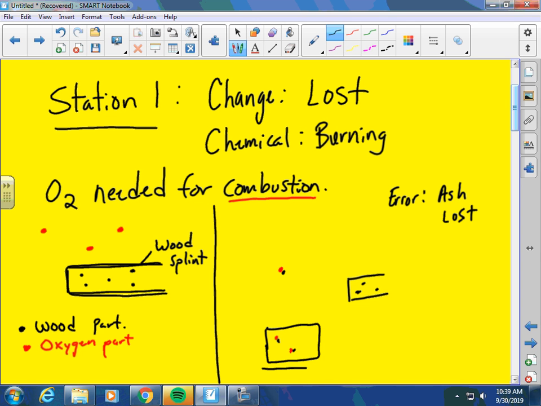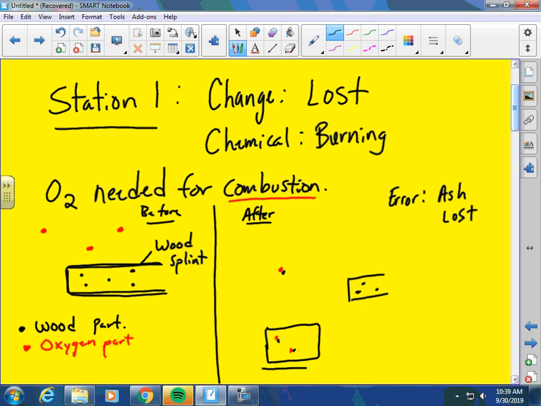I put wood particles, I made them black. Oxygen particles, I made them red. I know it's harder for you guys because you don't have different colored markers. But what you can do is you can do dots and then little circles, which are kind of like white dots, if you need to make 2 different types of particles. I should always title it in before and after.